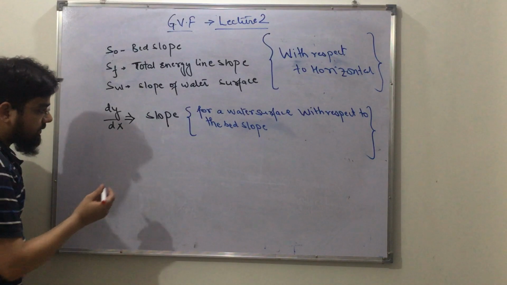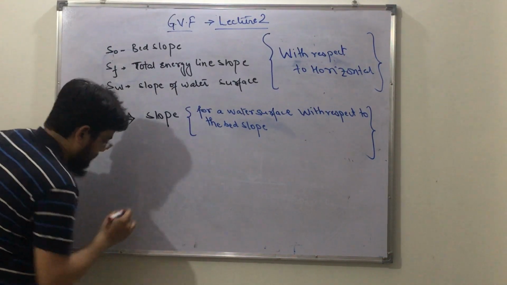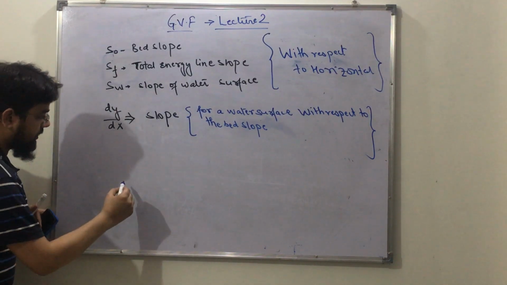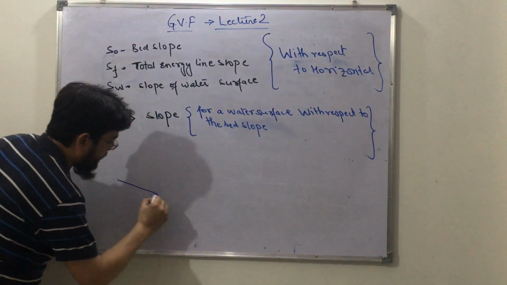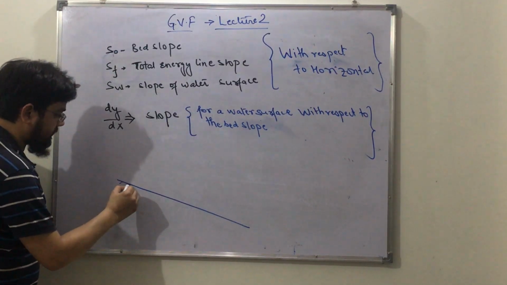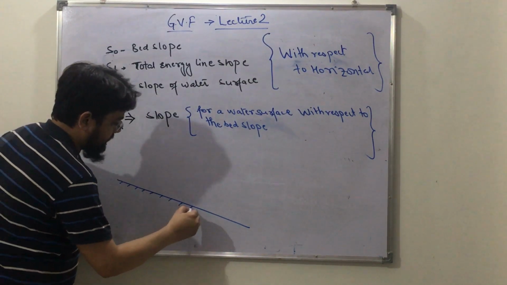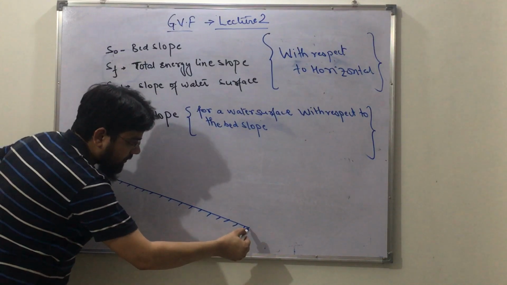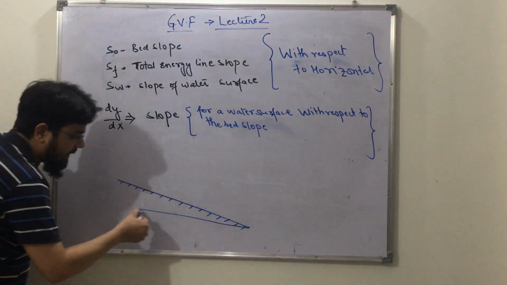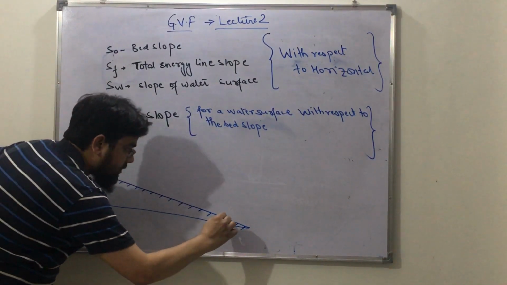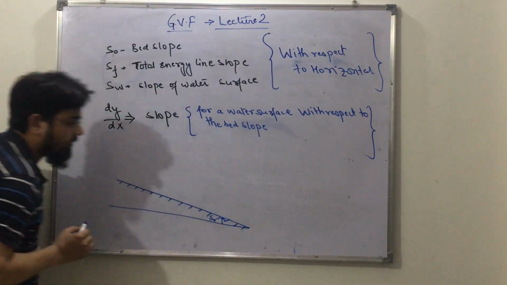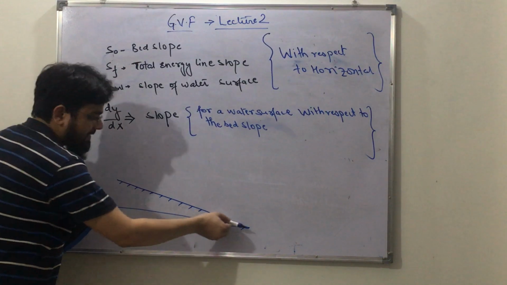Now suppose I draw a channel. We won't use red, red will be problematic for you. Say this is a bed slope and a horizontal line. This bed slope is S0. Correct? Bed slope measured from horizontal.